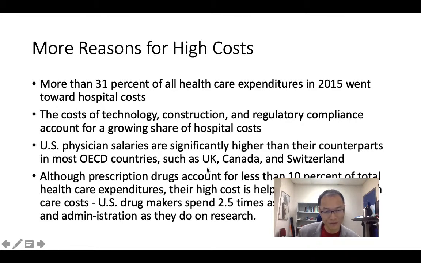It's not like a huge difference. There are so many other countries where doctors make similar money as America. Prescription drugs account for only about 10% of total healthcare expenditures, but it's actually driving up healthcare costs. So pharmaceutical companies make a lot of money, okay?